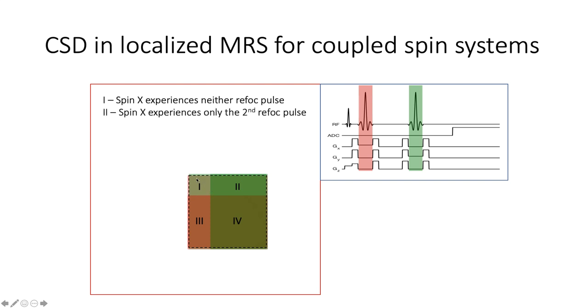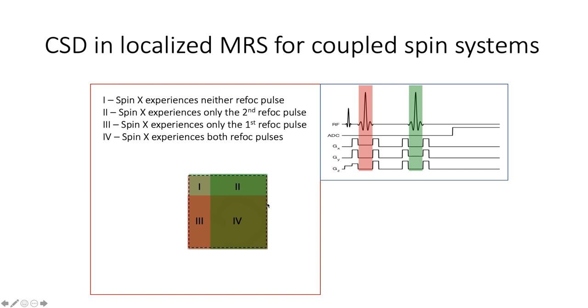In region 2, spin X experiences only the second refocusing pulse. In region 3, spin X experiences only the first refocusing pulse, and in region 4, the coupling partner is experiencing both refocusing pulses.